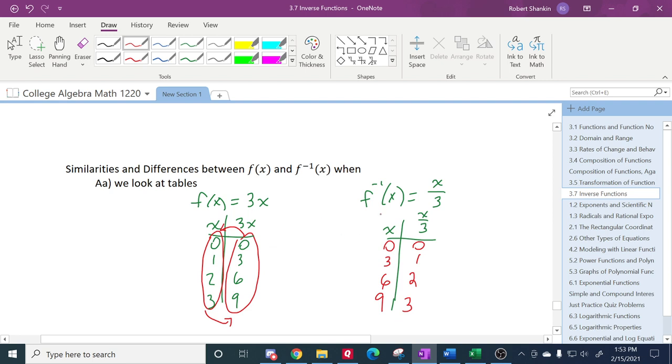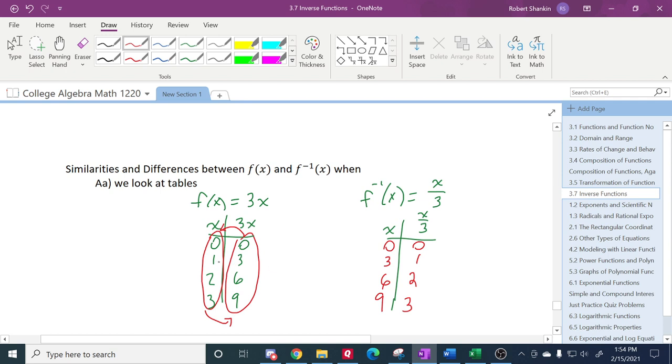And this, you can see this happens on a very simple function, but it'll happen on every inverse function. That the inverse function, the table for the inverse, is exactly the same as the table for the function. The only thing is outputs have been turned into inputs and inputs into outputs. They just swapped places.